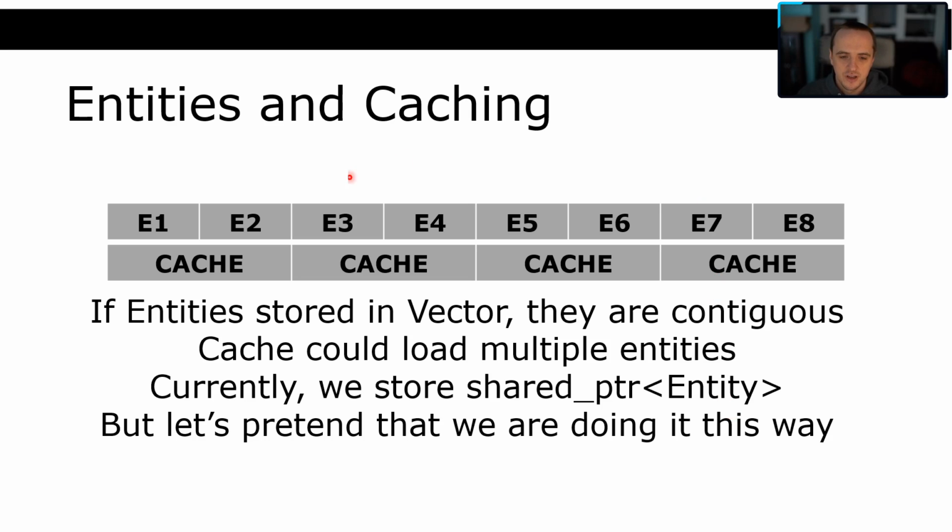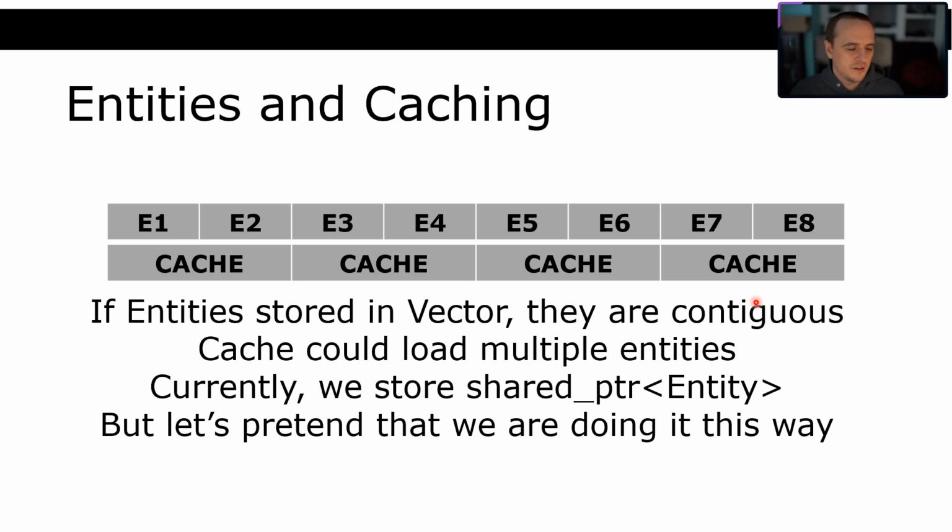Entities and caching. So here, for example, let's say we have a contiguous string of entities, and we have the cache. So let's say that our cache line could fit 2 entities into it. If the raw data of an entity is stored in a vector, they are contiguous. The cache could potentially load multiple entities, but only if the entities are really small.